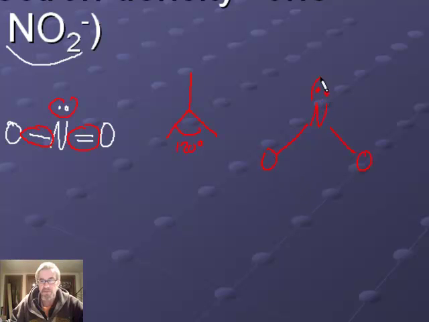That lone pair doesn't have anything on the end of it, it's just a pair of electrons, but because it's repulsive, it's going to keep these oxygens from being in a linear shape that you might expect and force them into this 120-degree angle. The molecular shape is what we call a bent 120. It's a bent molecule and has a 120-degree angle in it.